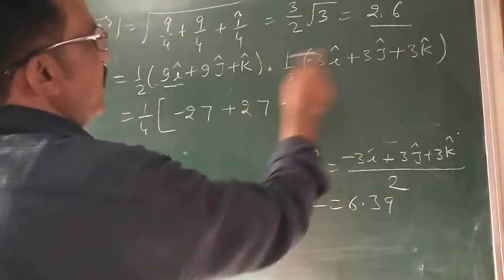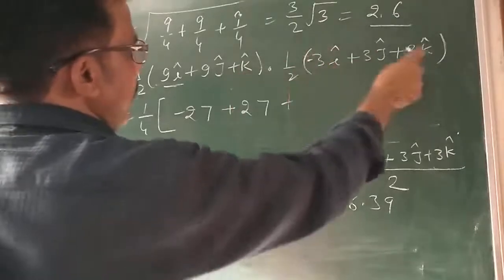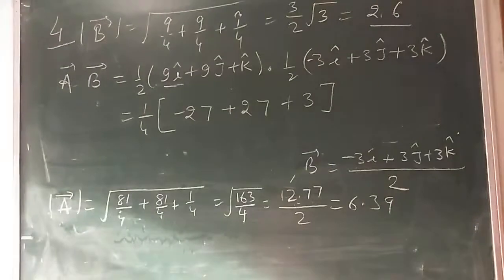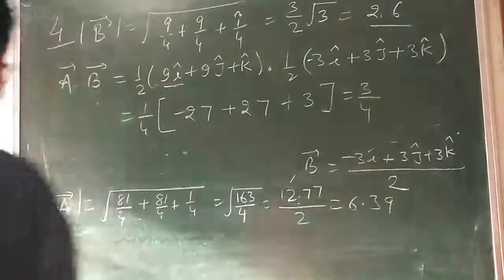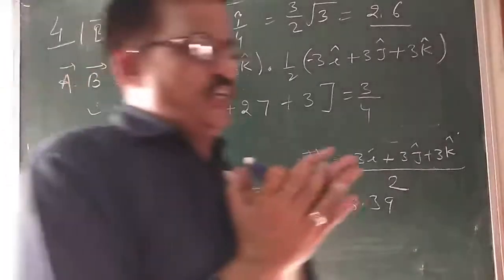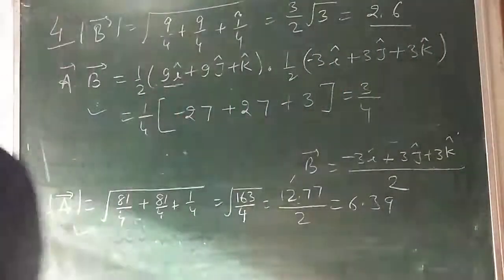And other is 0. Then you multiplied it 0. You multiplied it by 3. Yes, this is 3, that is equal to only 3 by 4. A, B and A dot B, all we have found out. Is that clear? It is a very simple question. You can do it easily. Write down.